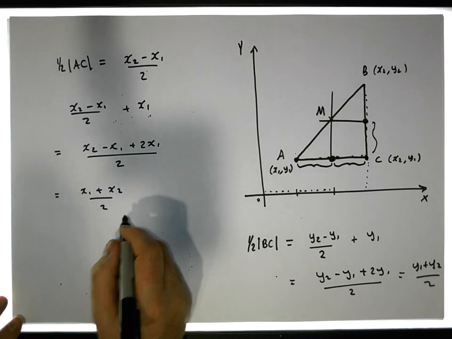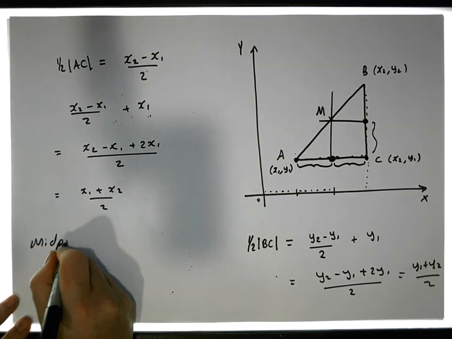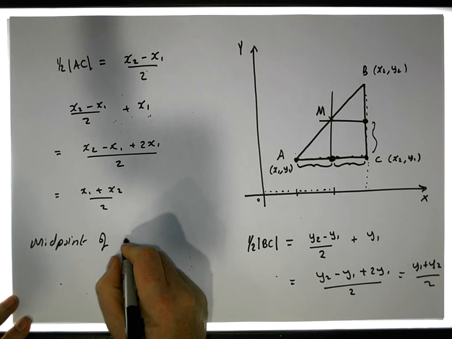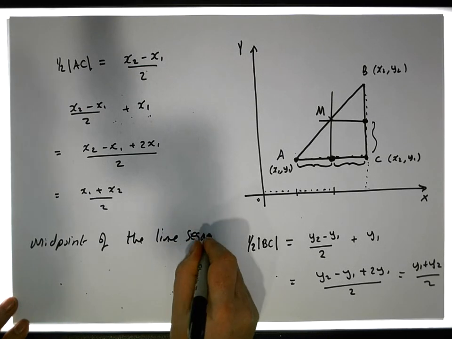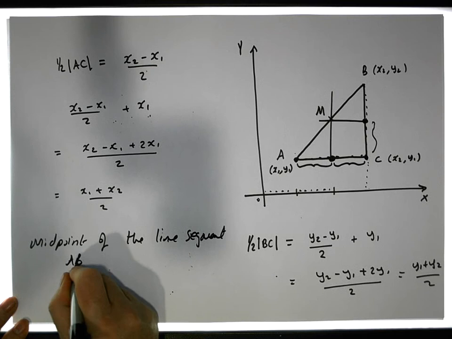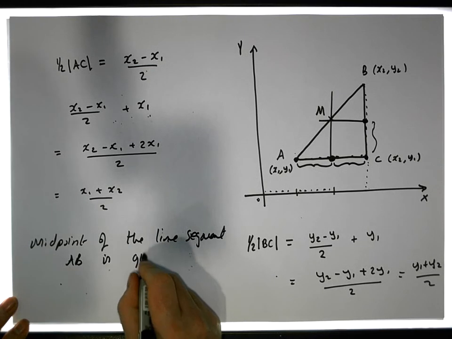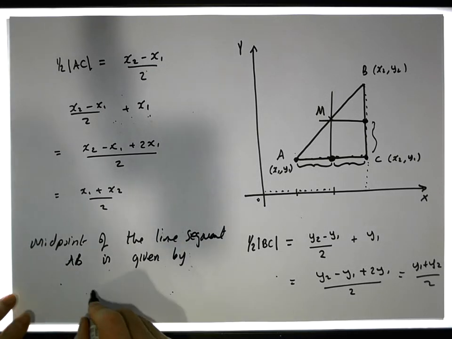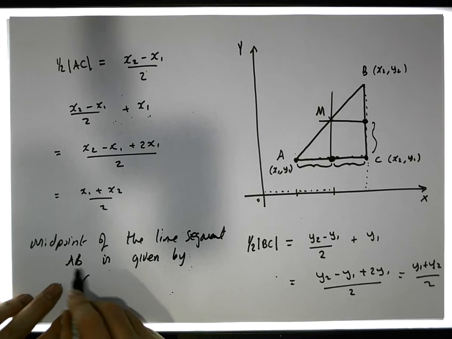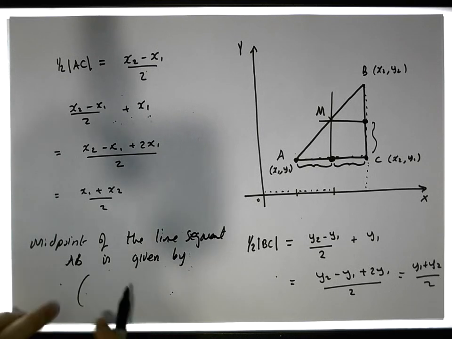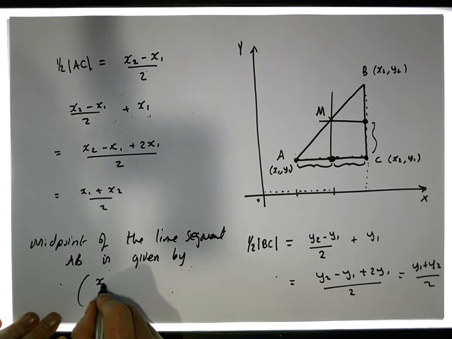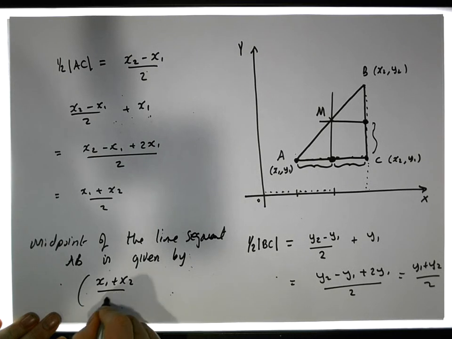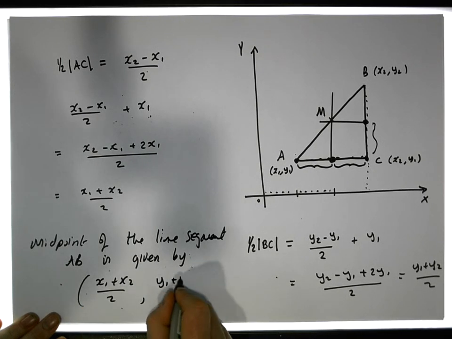And hence we have the midpoint of the line segment AB, with endpoints coordinates x1, y1 and x2, y2, given by x1 plus x2 over 2 and y1 plus y2 over 2.